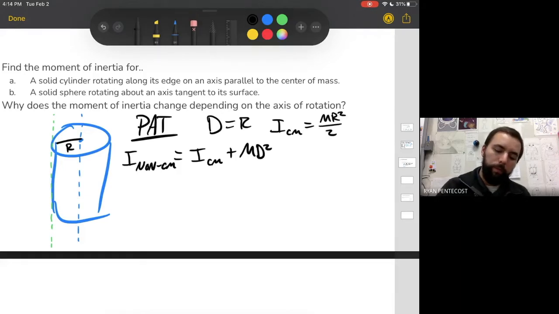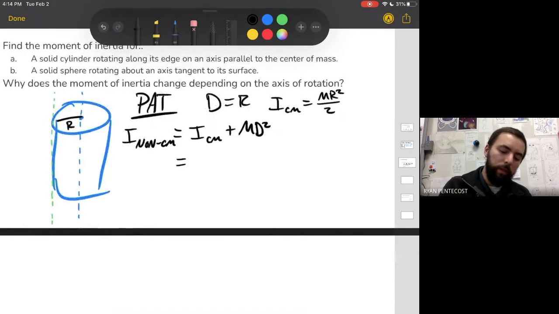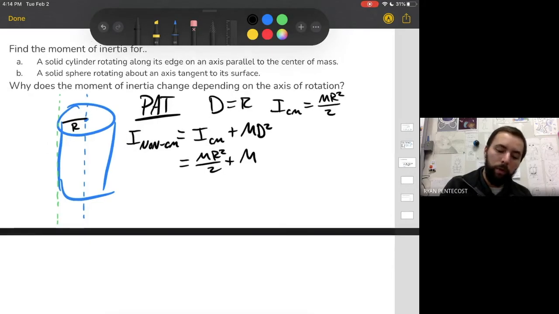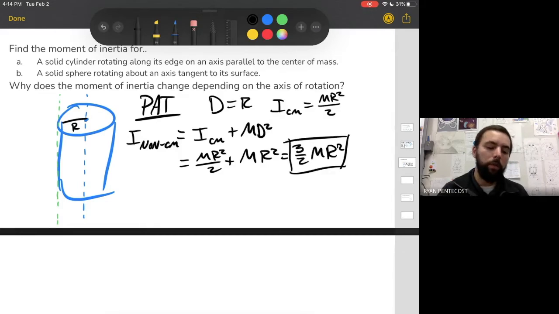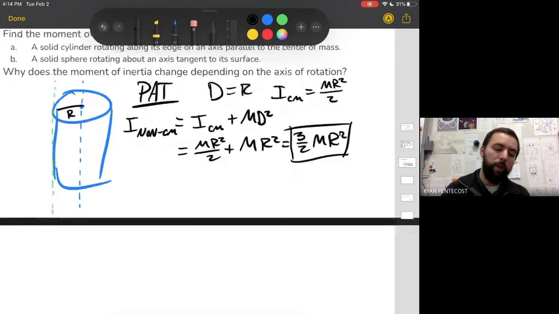So we will say that this is mr squared over 2 plus m times d squared, so that would be times r squared. Right? So 1/2 mr squared plus mr squared is 3/2 mr squared. So that is the new moment of inertia for a solid cylinder, not a hoop or a shell, right? It is a solid cylinder rotating about its edge on an axis parallel to the center of mass.